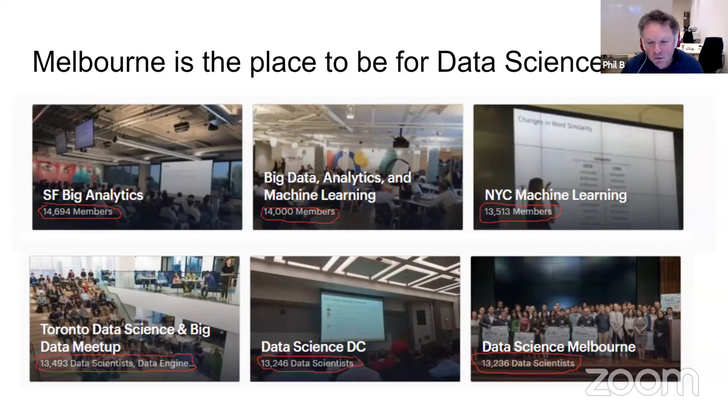And the meetup groups kind of helped in that mission, I guess. And we're now one of the biggest in the world, comparable in size to places like San Francisco and Washington DC and New York. So very happy we've achieved that. Please don't go and work in San Francisco. Stay here. It's better.